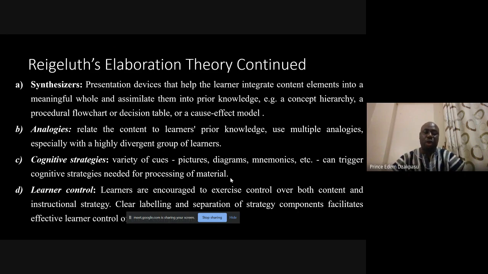Then we have what we call analogies. And when we talk about analogies, we are saying that we should be able to relate the content to the learner's prior knowledge, what we used to call the previous knowledge.